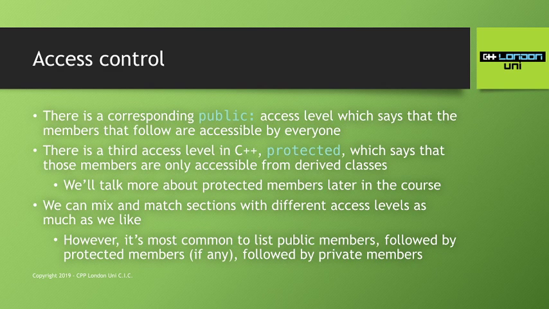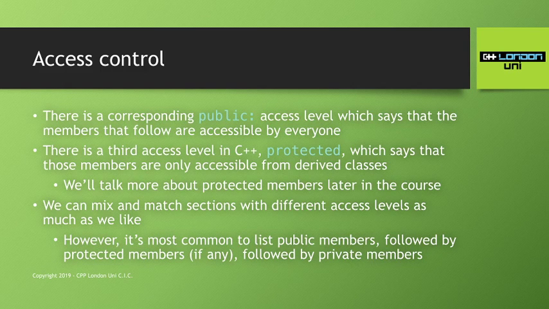That's kind of the point. And so they only care about the things that they can access, which is the public section. So they don't want to have to scroll down and work out which bits they're actually allowed to call. So you put the public stuff right up the top, and then people who are looking for what member functions your class has only have to look at the top of the definition. They don't have to care about what the private stuff is because they can't touch it anyway, so why should they care?